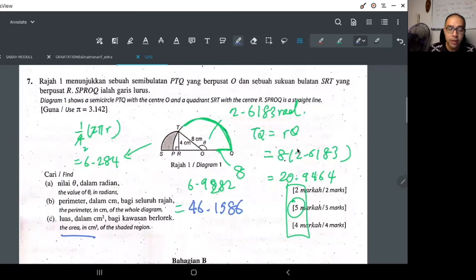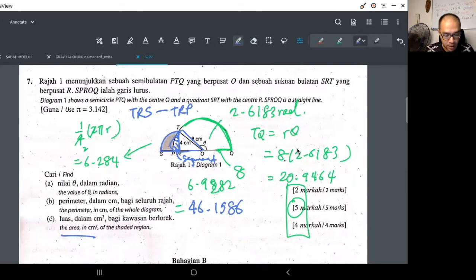The area of the shaded region is TRS, this whole thing, the area of the quarter, minus TRP. And TRP, if you look at this, is a segment of OTP. So we will have to find the area of the segment first.